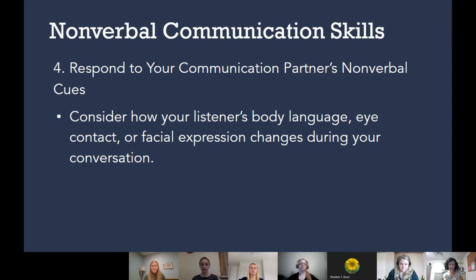Just being able to pay attention to their body language, their eye contact, or how their facial expression changes during the conversation. When you consider these factors, it will help you to determine whether your message is being conveyed effectively or whether you need to provide some clarification or additional information to your professor.